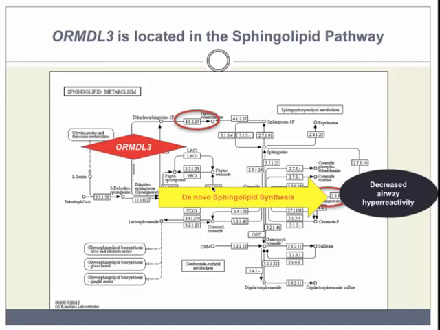One of the things we know about ORMDL3 through some past research is that if you have the risk variants of ORMDL3, it shuts down this pathway. So you do not want the risk variants of ORMDL3 because it's going to stop this de novo Sphingolipid synthesis and cause airway inflammation. So rather than doing what vitamin D does, where it upregulates this pathway, ORMDL3 is going to stop that from happening.